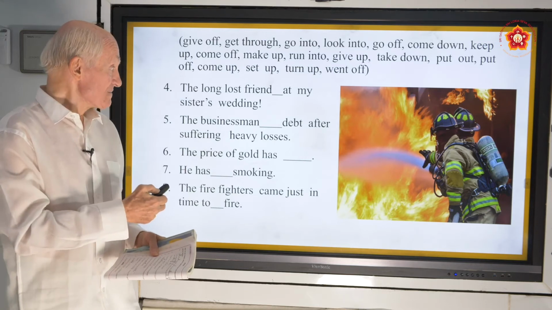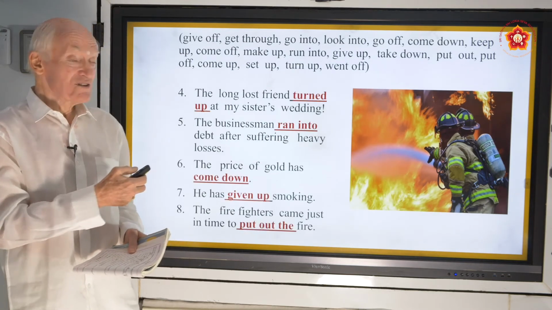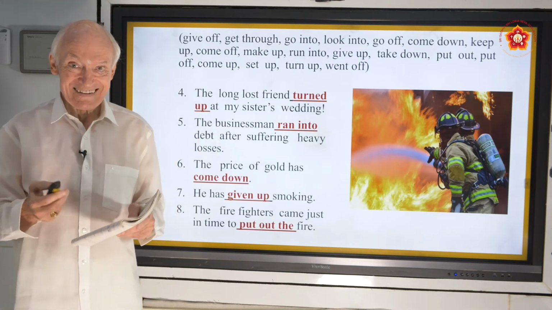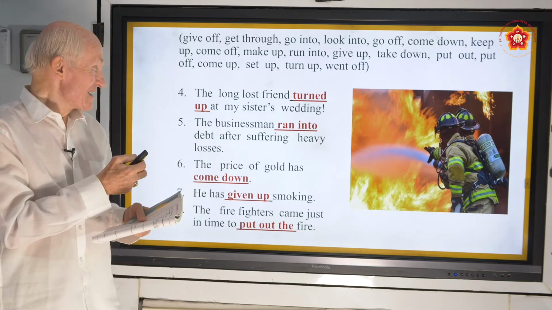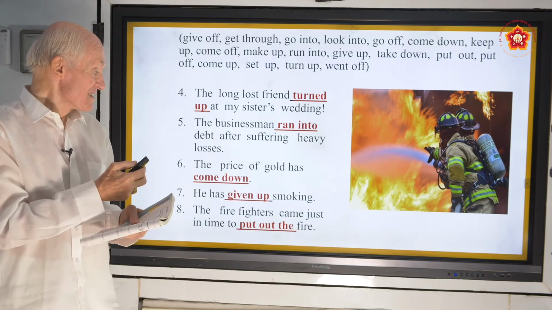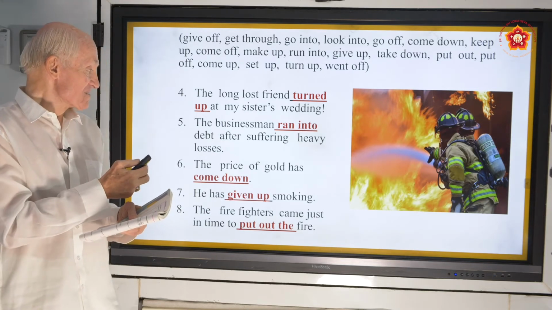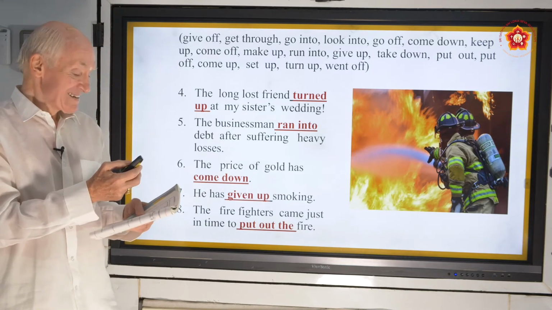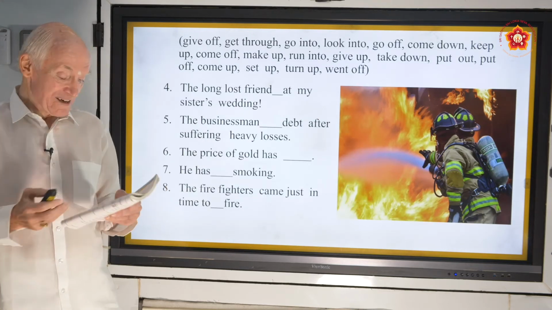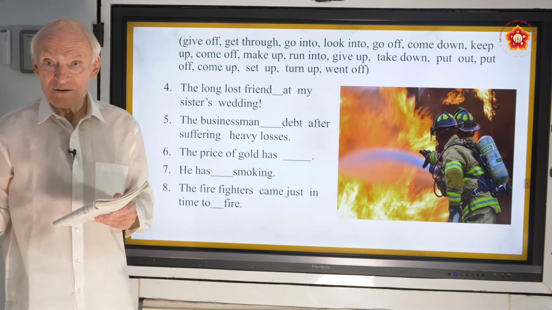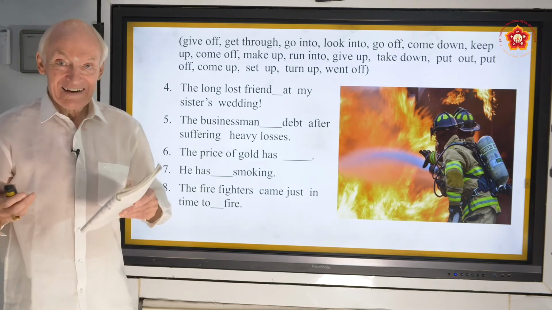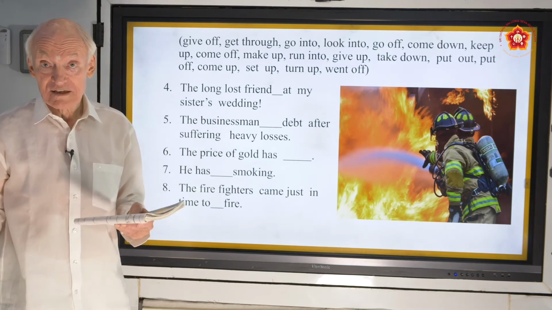Let's see if we're right. My friend turned up at the wedding. He showed up, okay? And he ran into debt, the correct answer. And the price of gold has come down. All correct.